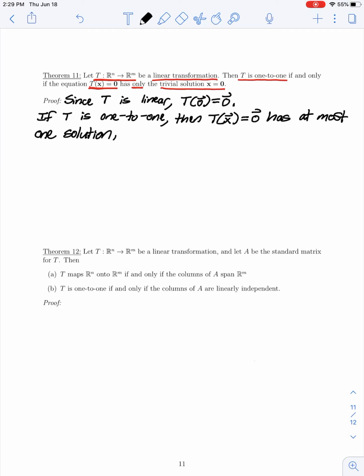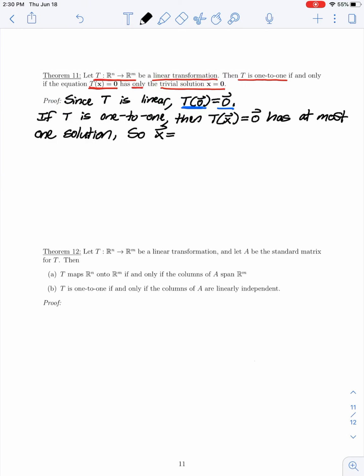That is the definition of a one-to-one mapping, is that if we have a specific vector in the codomain, say the 0 vector, it has at most one vector with that as its image. So if we have at most one solution, and we've already established that the 0 vector is a solution of that equation, then we know that is the only solution.